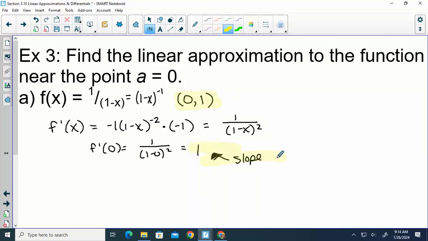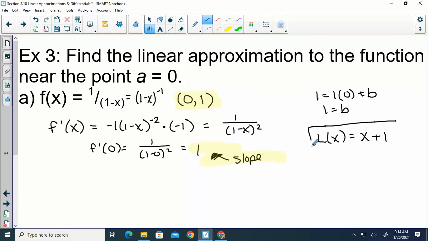So point, slope, write your equation. So linearization is 1x or just x plus 1. That one you could definitely do without a calculator.